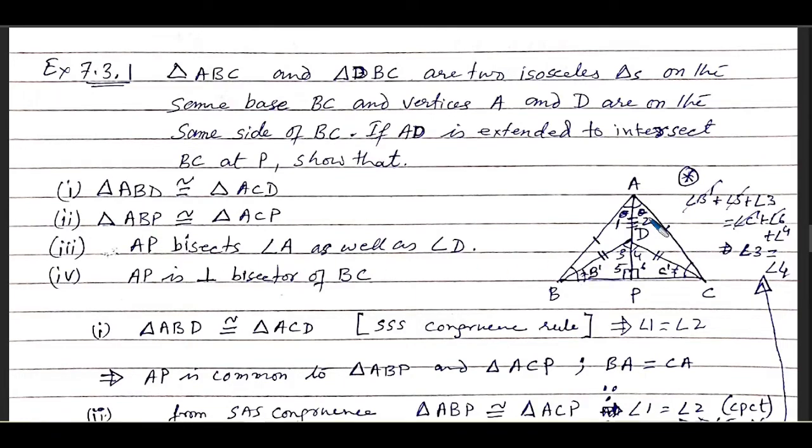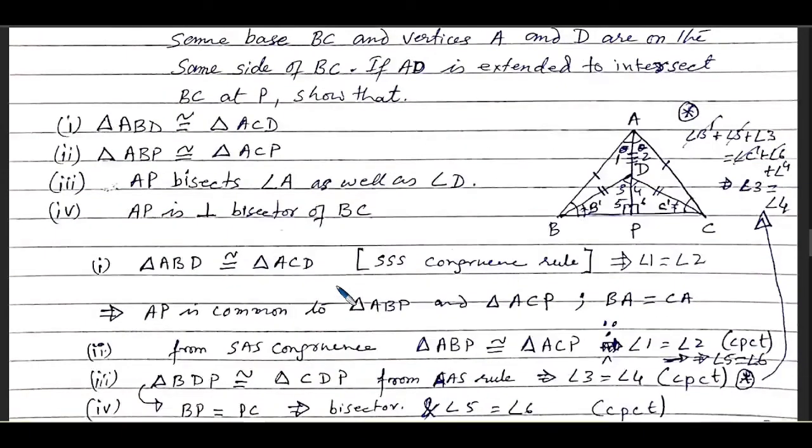So we are getting a hint, you see, as well as angle D. And AP is the perpendicular bisector of BC. This is what we have to prove. So this is also very simple. So first we have to prove that ABD is congruent to ACD.